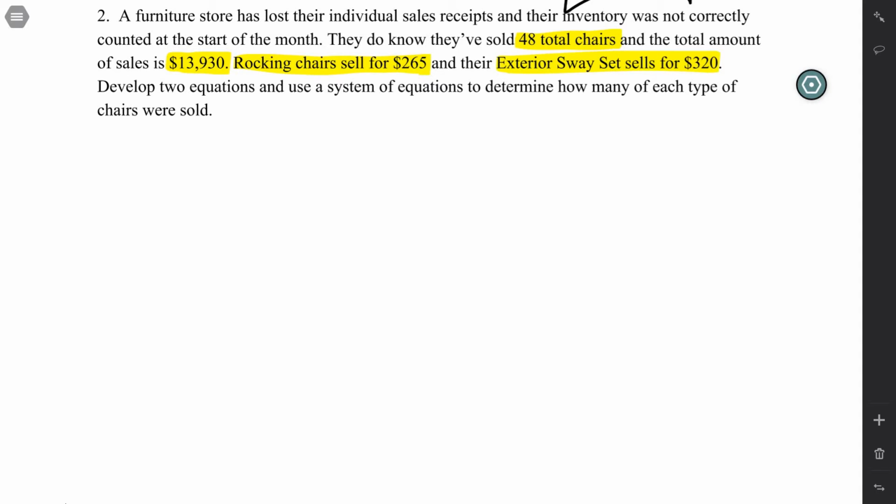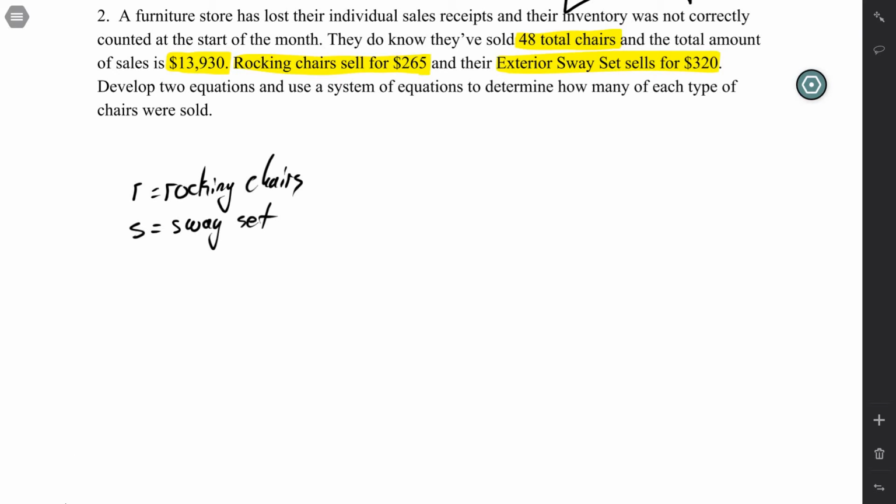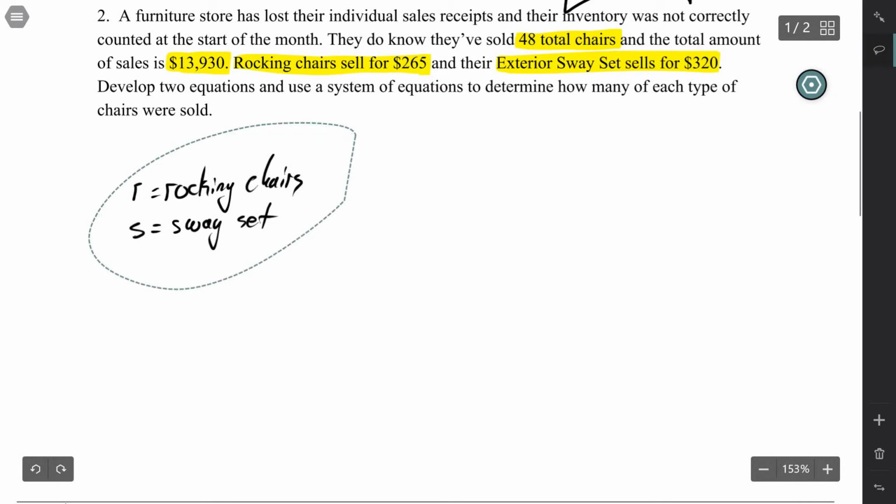So let's see. We know they've sold 48 total chairs. I'll just use R for rocking chairs, and I'll use S for sway set. So we know a couple things. We know that they sold 48 total chairs.